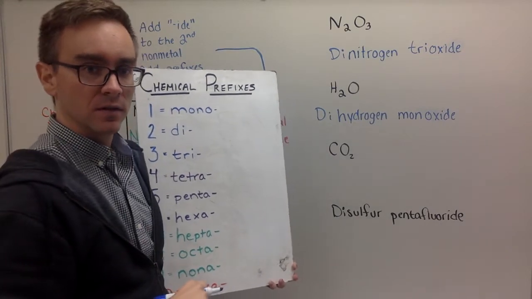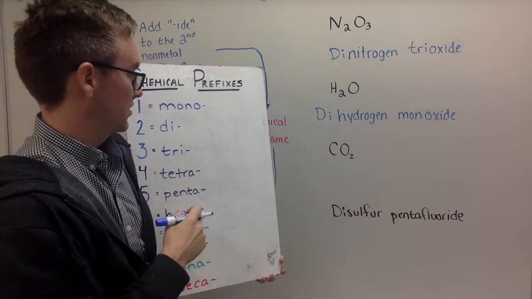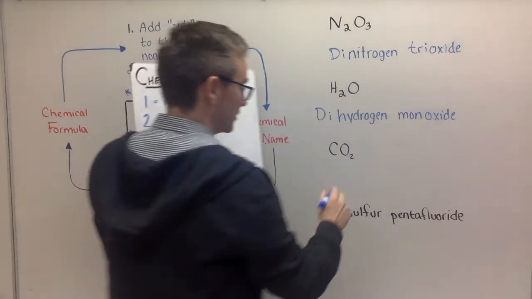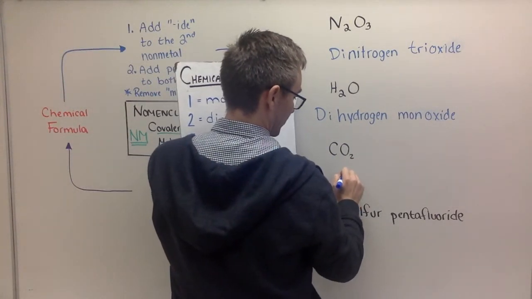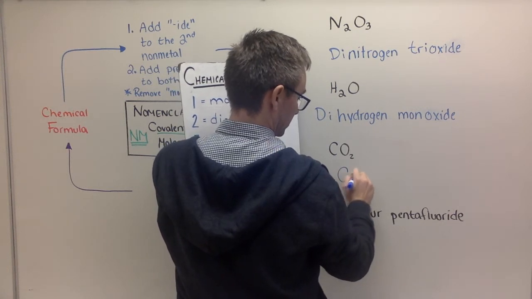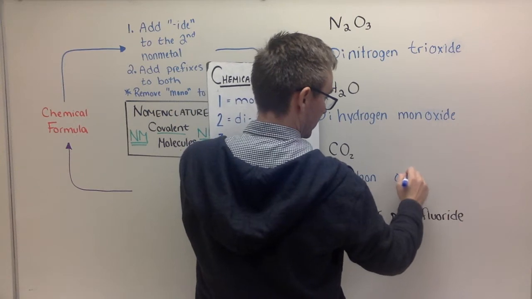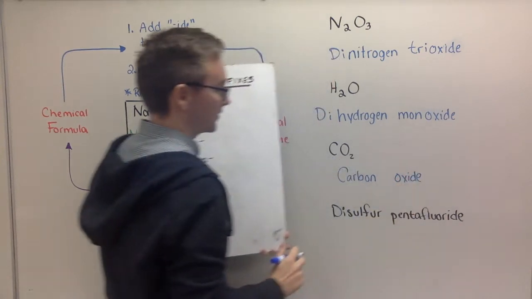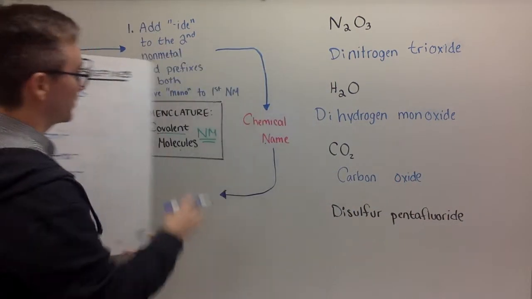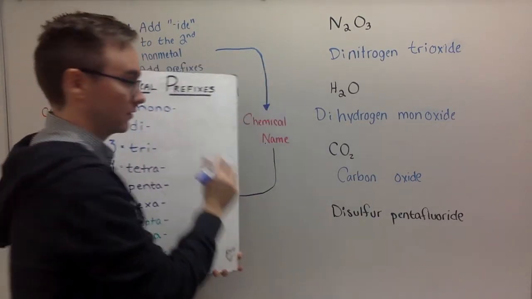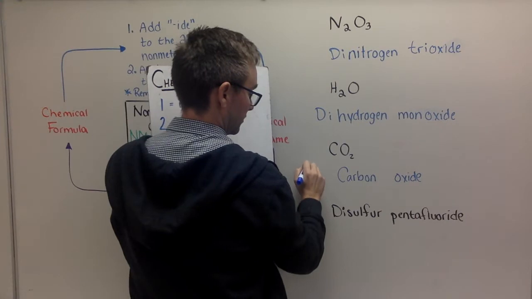So let's do this one here. We have carbon and oxygen. We have carbon oxide. Now this is where the special rule comes in, because for the first one we have 1 carbon, so that would be mono.